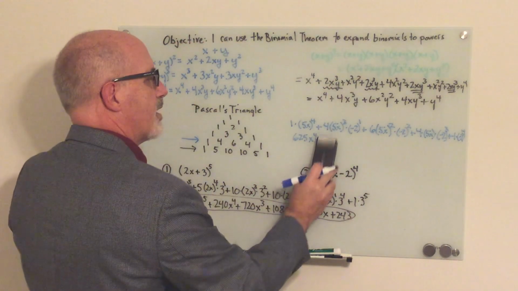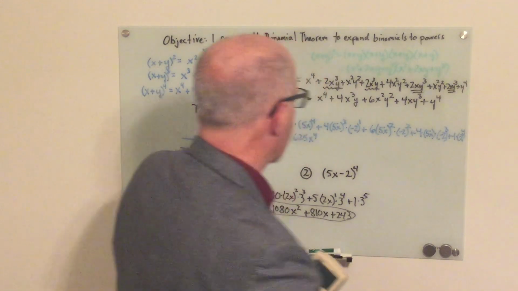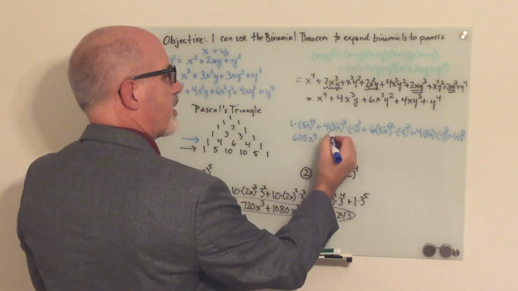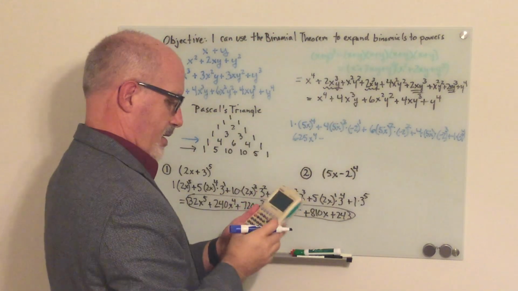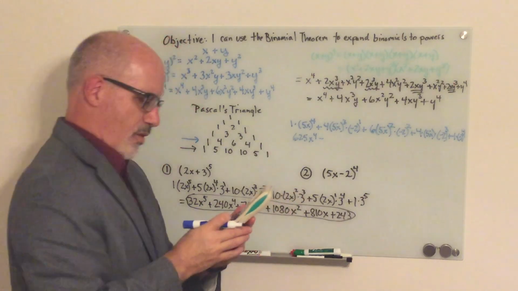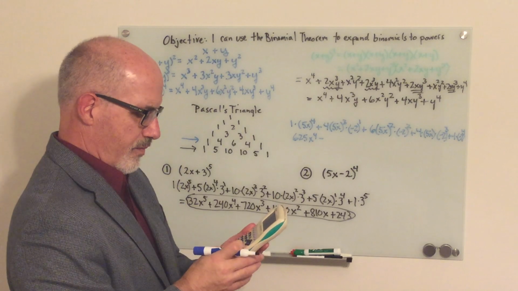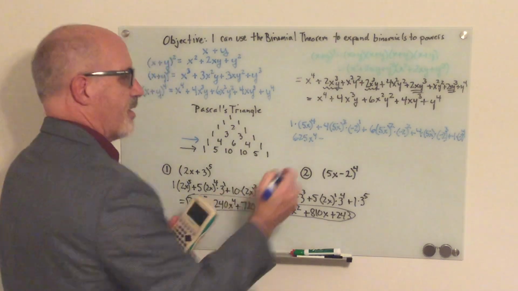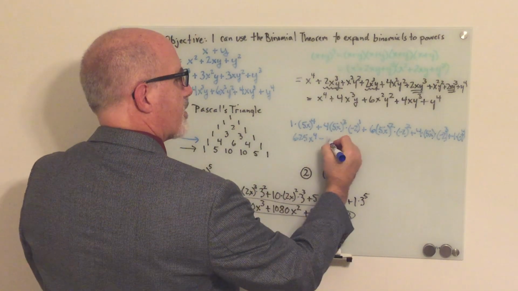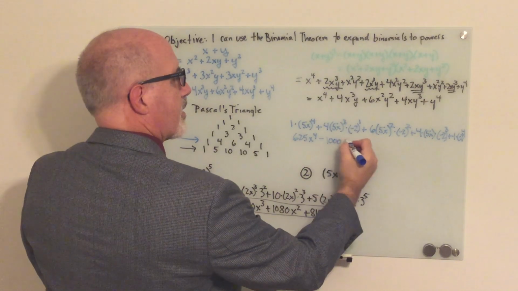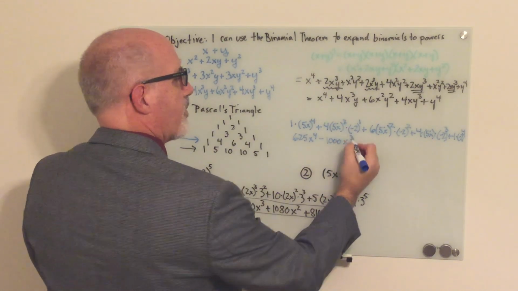Negative 2 is to the 1st power, so that negative is going to come through. So I'm going to do 4 times 125, which is 5 to the 3rd, times 2. And then I've got a negative. That gives me 1,000. And we have x to the 3rd.